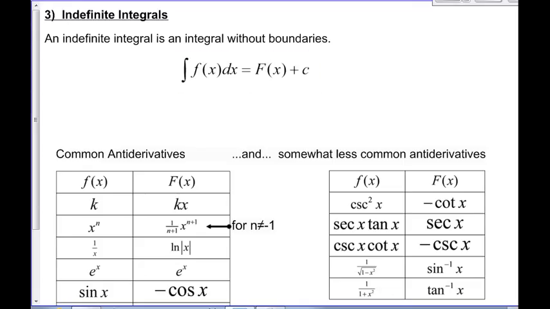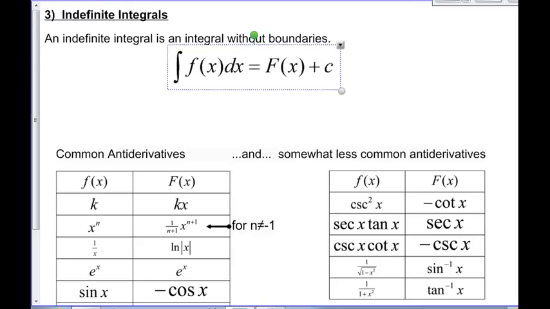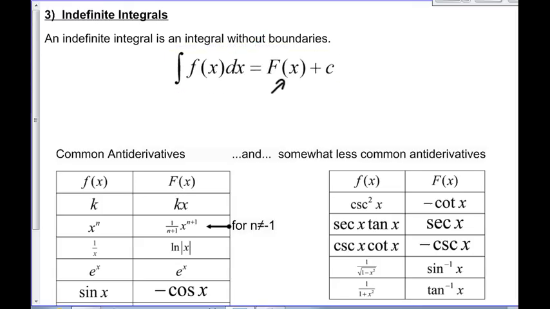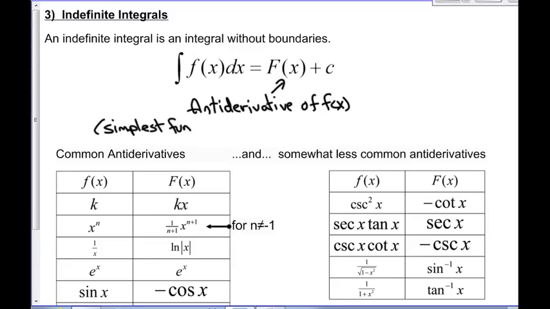So the basic idea here is the integral of some function is this big F, which is the antiderivative of little f. And an antiderivative means the simplest function that differentiates to f, little f.